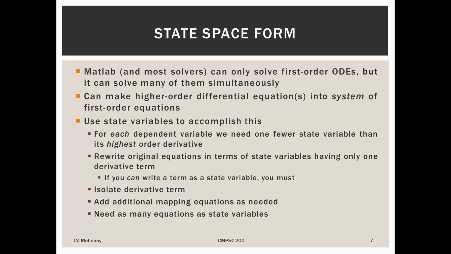We then need to add any additional mapping equations that we need, and we want to keep track at the end that we have as many equations as we have state variables. So we'll see that if we have two state variables, we're going to need to be able to write two first order ordinary differential equations in order to solve for those two state variables.